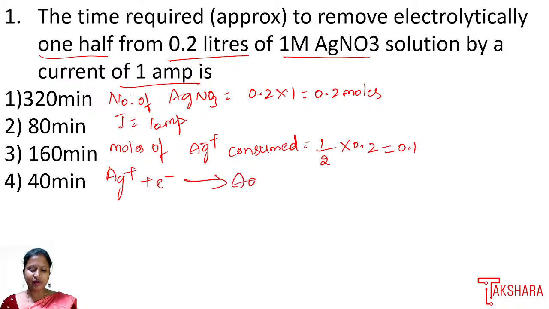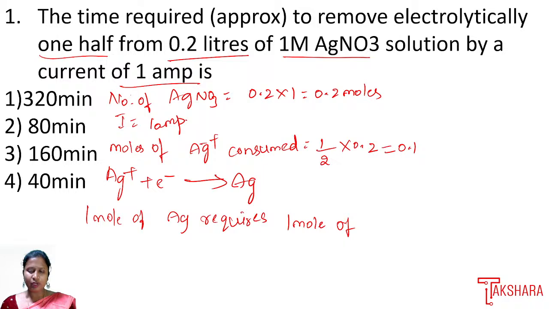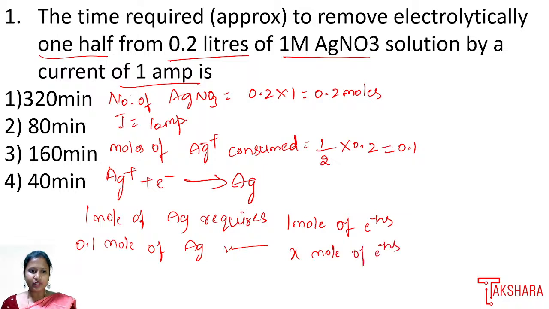So what reaction takes place here? Ag plus plus e minus gives silver. 1 mole of silver requires 1 mole of electrons, so 0.1 mole of silver requires x mole of electrons. So 1 into x is equal to 1 into 0.1. Then x is equal to 0.1 mole of electrons.